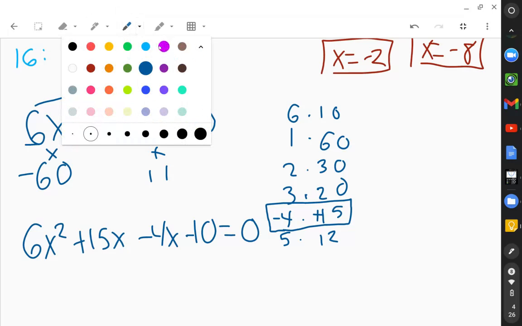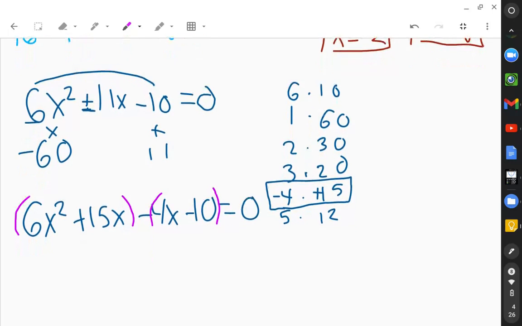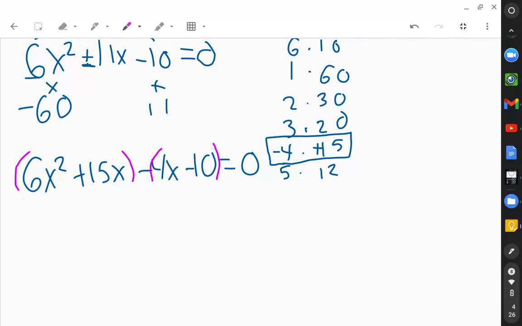And now we're going to factor these. I'm going to group these two together, and the third and fourth terms together. And I'm going to take the greatest common factor of both the integers and the variables.